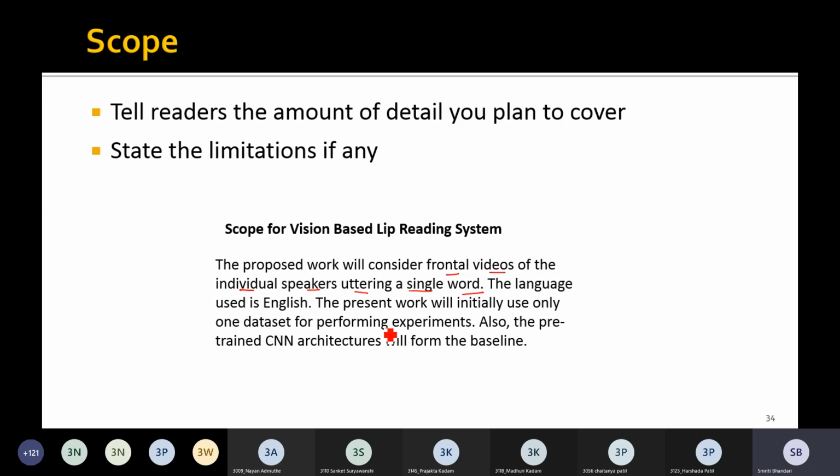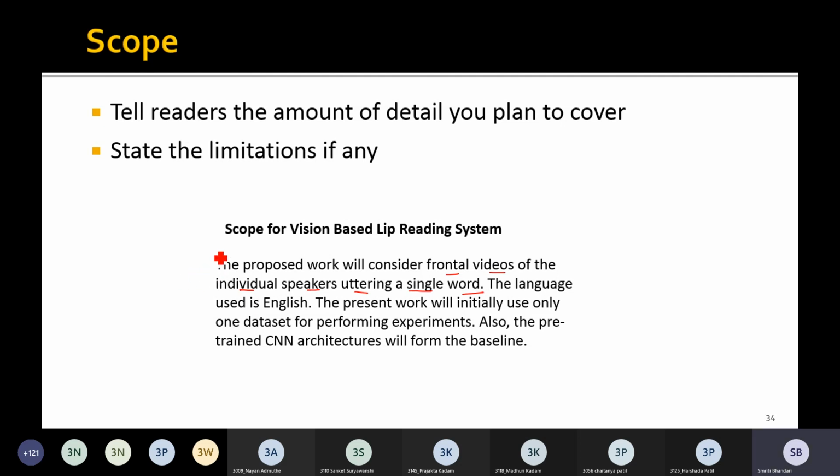Okay, but this is an ideal situation. It is not possible, and the project scope is actually limited. So what has been experimented in this project? The proposed work will consider frontal videos of the individual speakers uttering a single word.